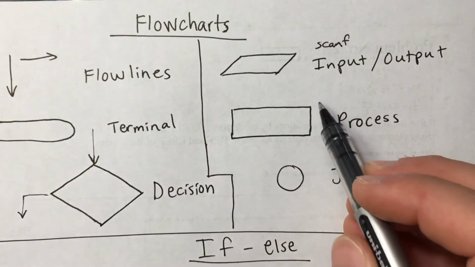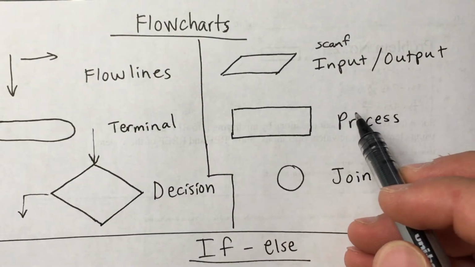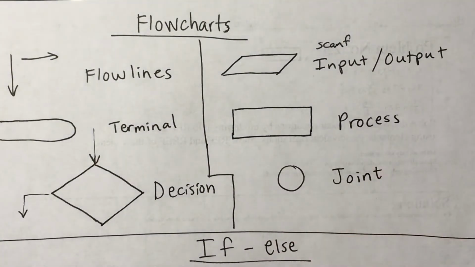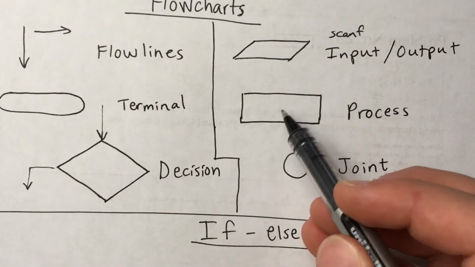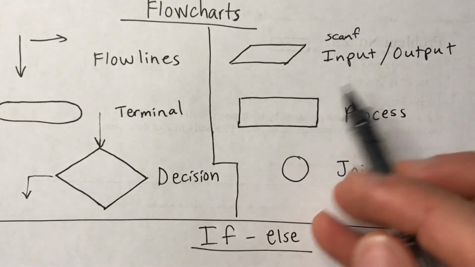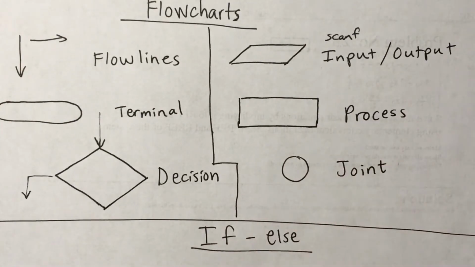And then you have this rectangle, and it's a process. Let's say we take an input and then we want to multiply that input by some factor; in this box, that's where the multiplication happens. There's some process that your input undergoes.